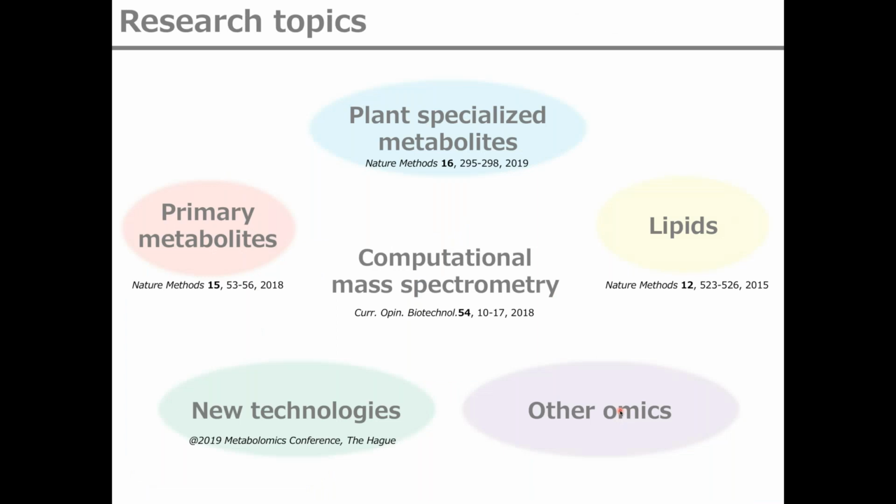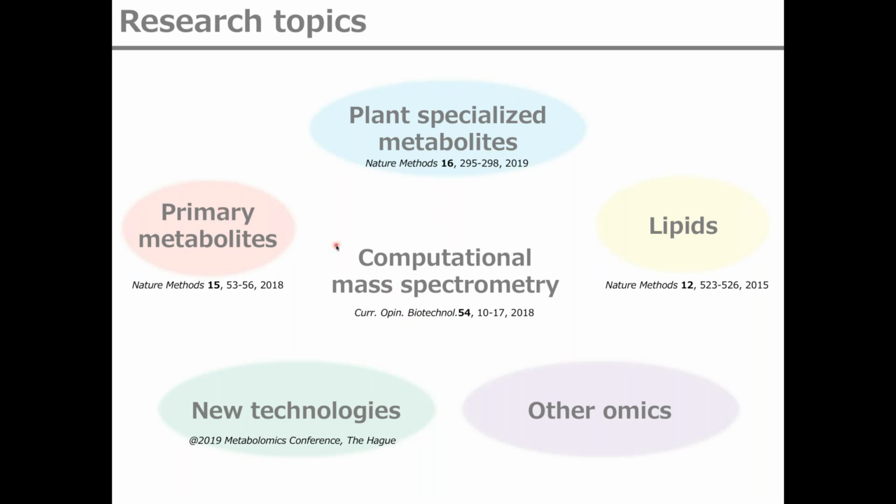Today, I'm talking about our latest achievement tackling the comprehensive annotation of plant specialized metabolites. But in this slide, I'd like to state that the science of computational mass spectrometry can be applied to various fields like lipidomics and primary metabolite profiling.